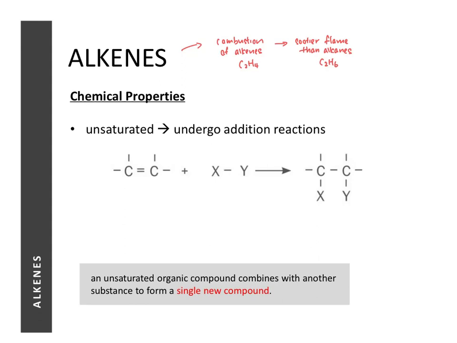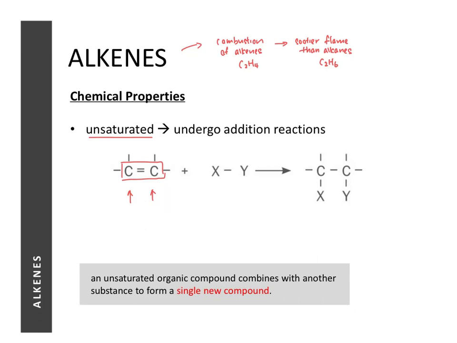Now, other than combustion, the more important reaction that alkenes can undergo is based on the fact that it is unsaturated. If you look at any alkene, the carbons in the functional group have only 3 neighboring atoms. That means they are bonded to only 3 atoms, meaning we can add a 4th one to each carbon atom in the functional group.